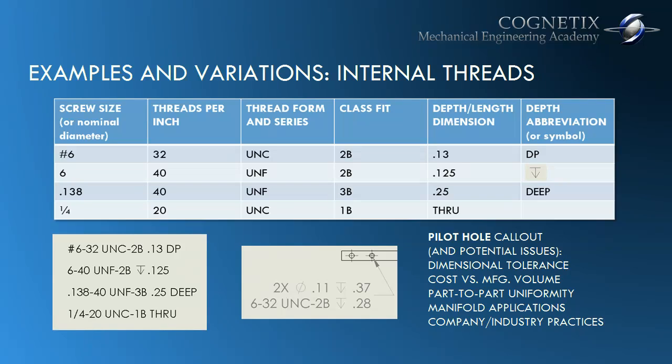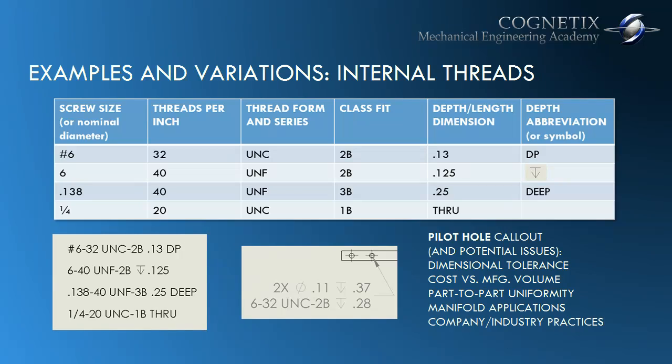Quite often now, especially with the modern CAD programs that we use, the depth symbol is used. It's often automatically placed in there by the software. Or you can go ahead and spell out the full word deep. Okay, and fourth row you see, since that particular example is a thread that goes all the way through, there's no symbol to go with that.